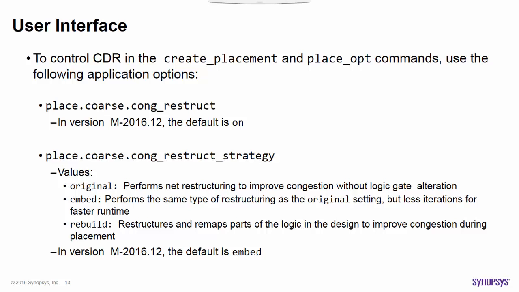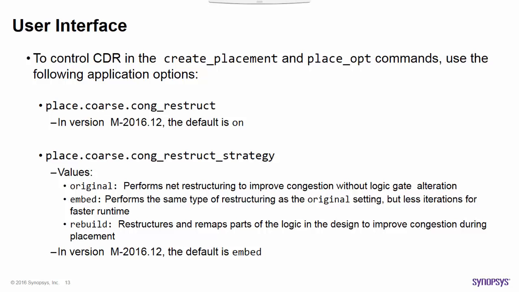There are three values that can be set for this app option: original, embed, or rebuild. If the user sets the value of the place.course.conch_restruct_strategy app option as original, then the tool will perform net restructuring for congestion reduction.